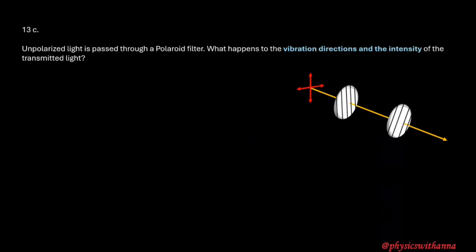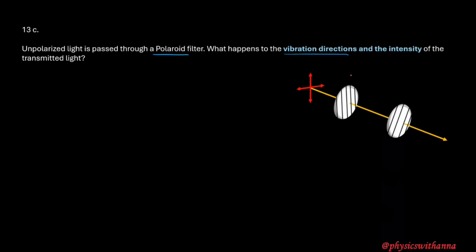Question 13c says, when an unpolarized light passes through a Polaroid filter, what happens to the vibration direction and the intensity of the transmitted light? Now, whenever an unpolarized light is passed through a filter, only the vibrations which are aligned to the pass axis of the filter are allowed to pass through. All the other light is blocked.